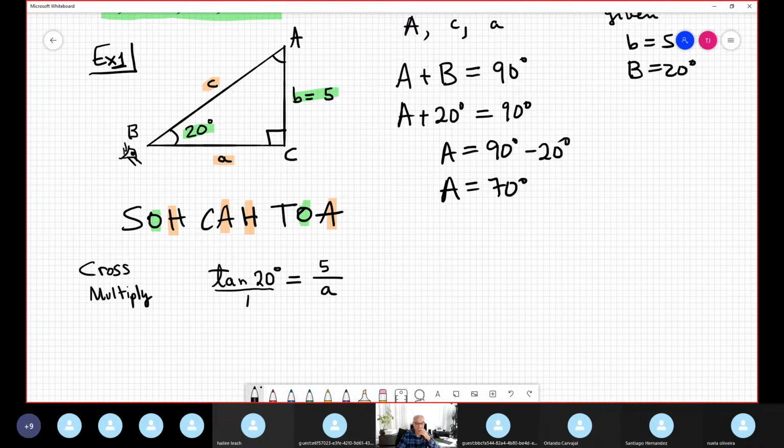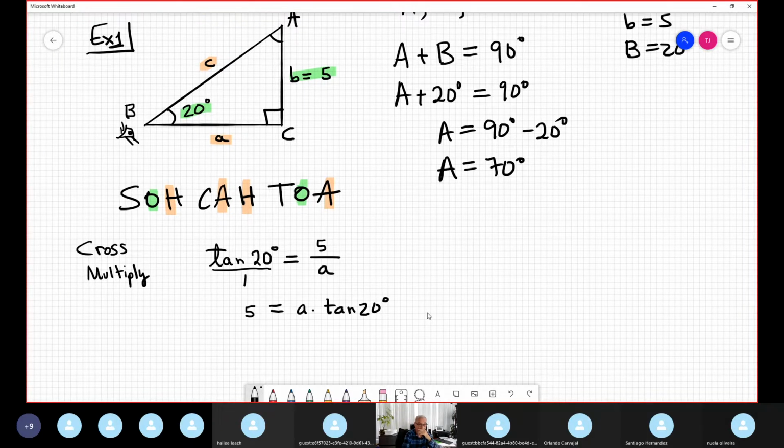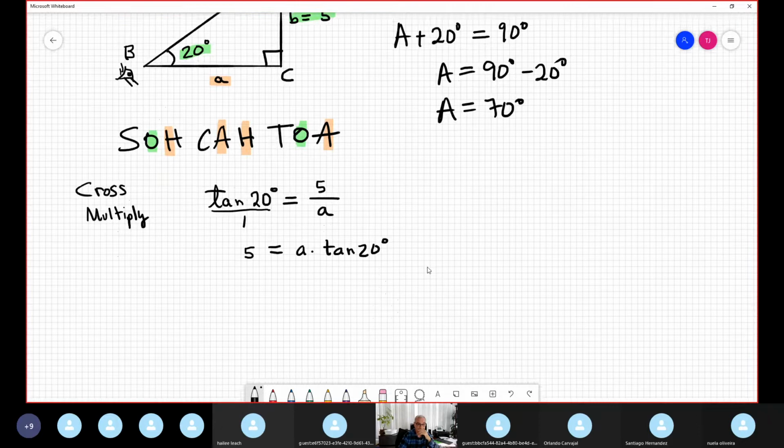Either way, let me try cross multiply. 5 times 1 gets you 5 equal to A times tangent 20. Therefore, my goal is 5 divided by tangent 20. Do you understand this or no? Yes.